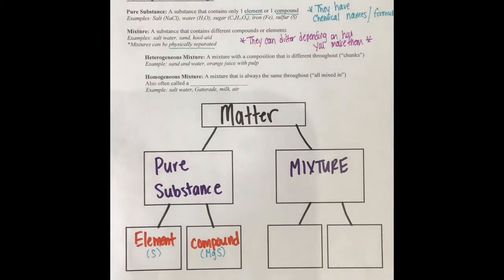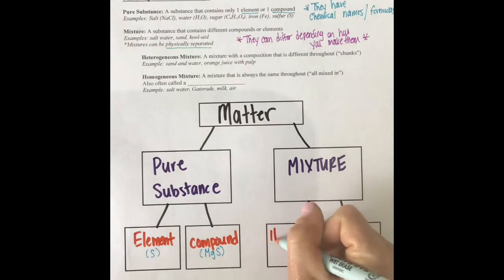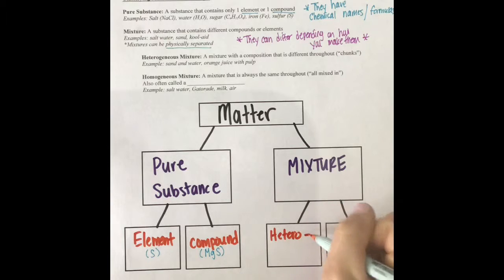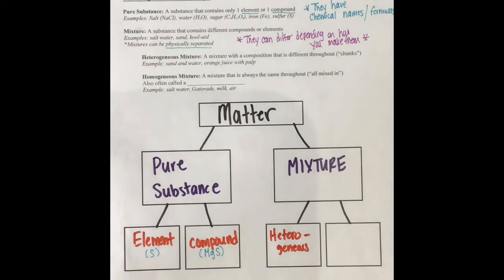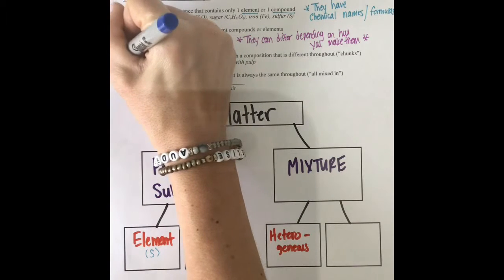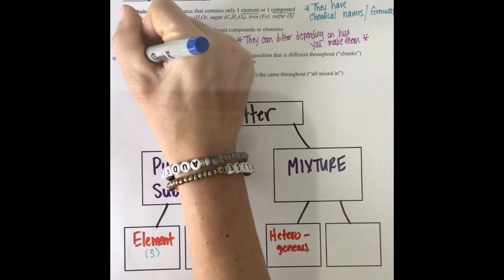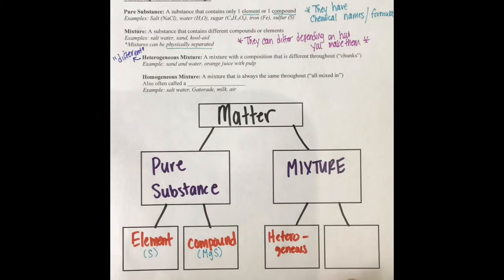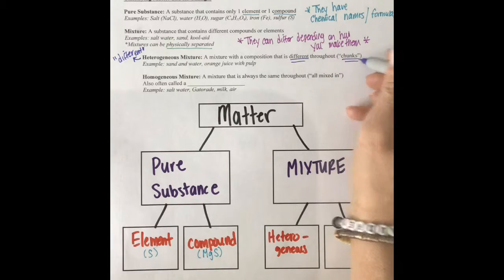There are two different types of mixtures. One is called a heterogeneous mixture. And hetero means different. Okay, and so in a heterogeneous mixture, you're going to see a different composition throughout, or you're going to see chunks.